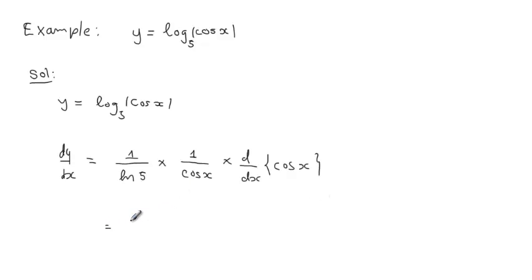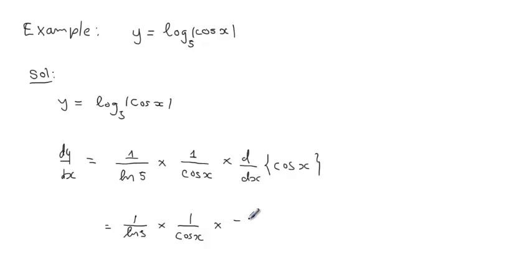She says we must write 1 over ln 5 multiplied by 1 over cosine of x multiplied by this derivative. So here we must differentiate. This is the only spot we must differentiate for that point. So we must differentiate correctly for the whole derivative to be correct. So that is what?